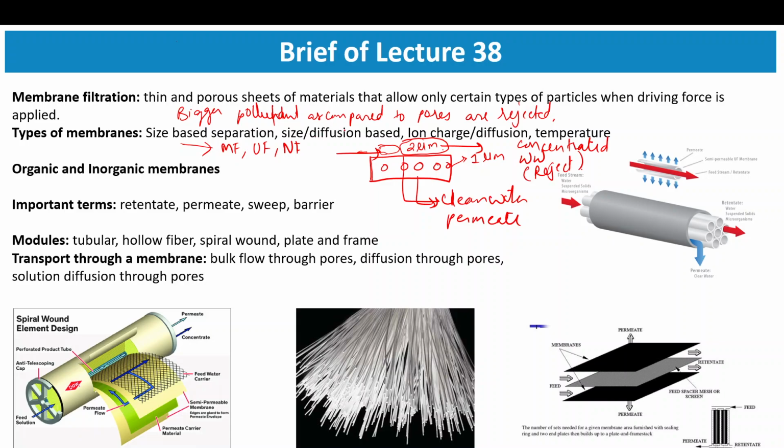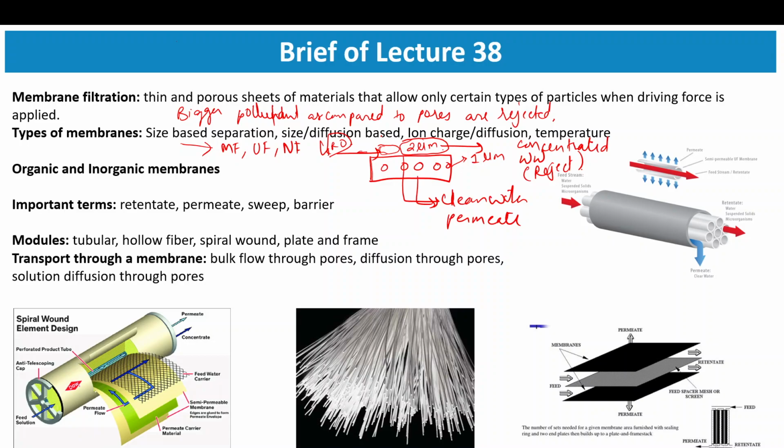Now another is size based or diffusion based, which commonly works in RO membrane. Okay, so for RO there is a dilemma on whether it can be classified into porous membrane or non-porous membrane because the size of pores is very small in that.